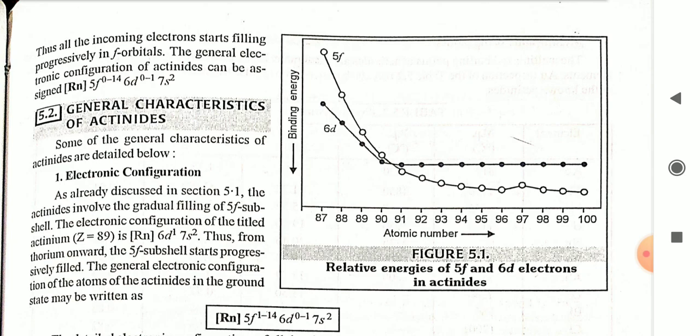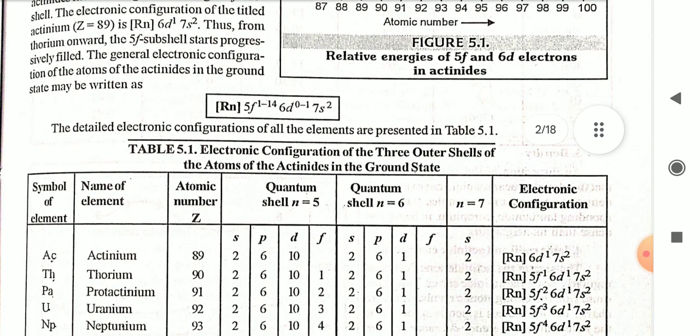Thus, from thorium onward, the 5f subshells start progressively filling. The general electronic configuration of the atoms of actinides in the ground state may be written as Rn 5f1 to 14, 6d0 to 1, 7s2. The detailed electronic configurations of the elements are represented in table 5.1.